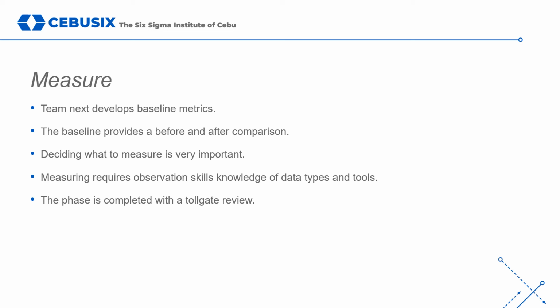Because the measure phase starts with some educated guesswork and trial and error, teams and Six Sigma leaders have to keep a close eye on progress and redirect work when measurements are not creating the answers or production required. A successful measure phase requires strong observational skills and understanding of the reasons behind the measure, knowledge of data types such as discrete and continuous, tools for measurement assessment, and a strong background in statistical analysis.